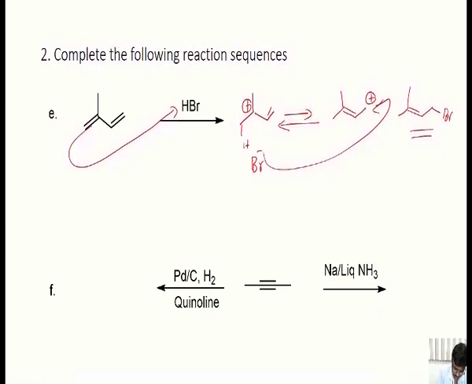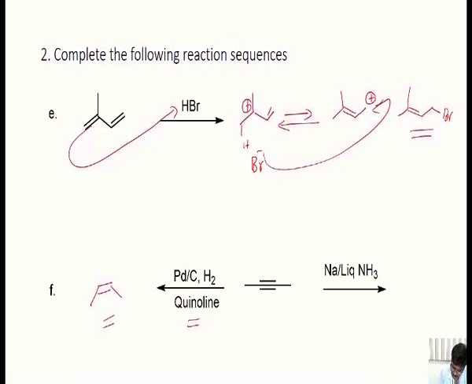This alkyne, when you react with hydrogen in the presence of palladium carbon catalyst, in the presence of quinoline, this is crucial here, it can undergo partial hydrogenation to give cis-2-butene as a product.